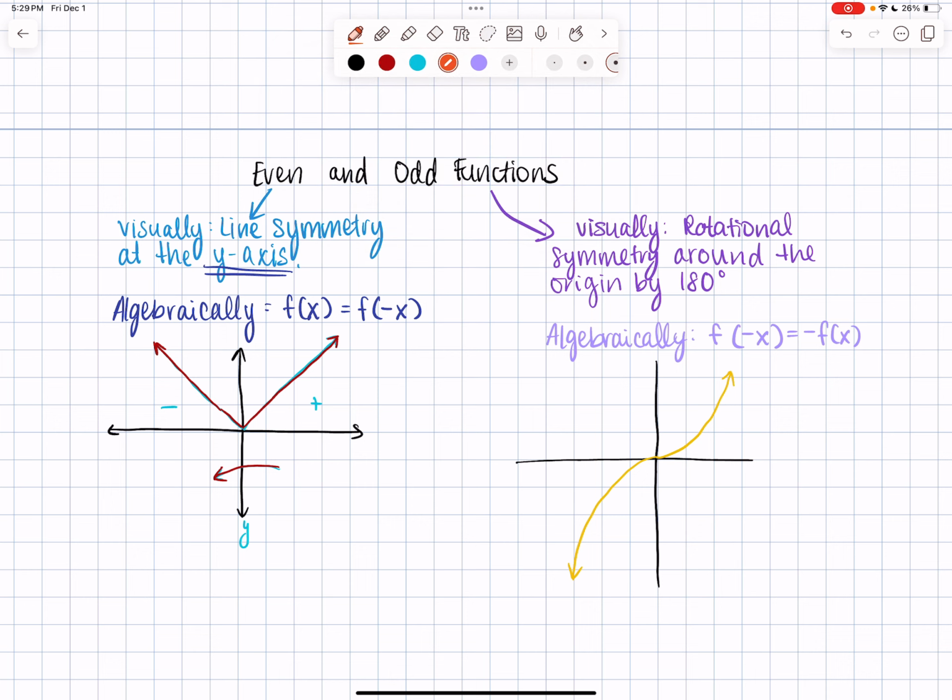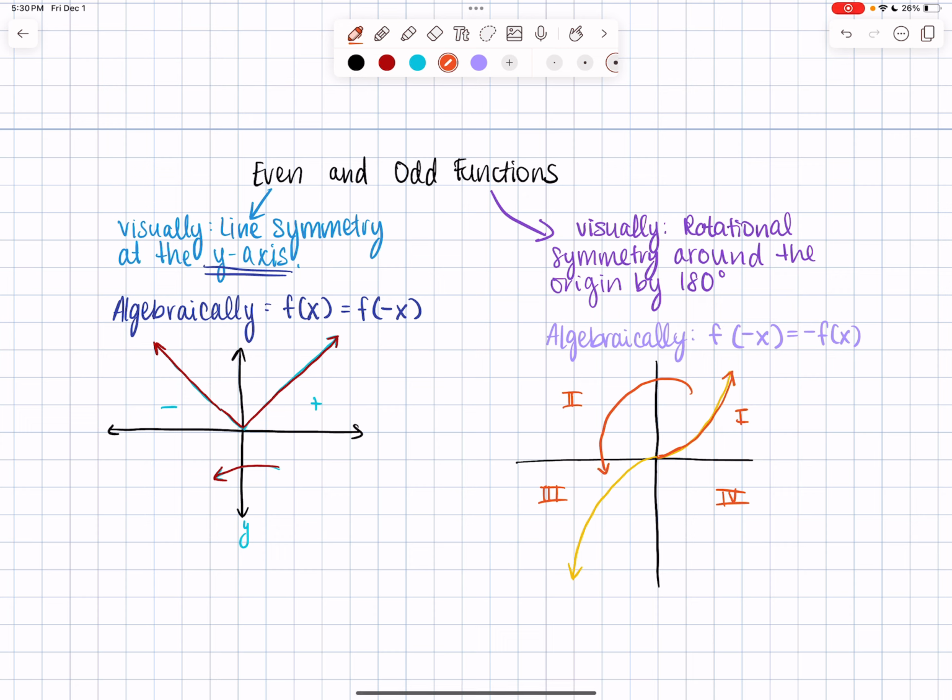So this is quadrant 1, quadrant 2, 3, and 4. When you rotate this part of the function from quadrant 1, you're rotating it 180 degrees. So you're kind of folding it diagonally, but not really. You're always going to end up in the diagonal quadrant when you're talking about odd functions.